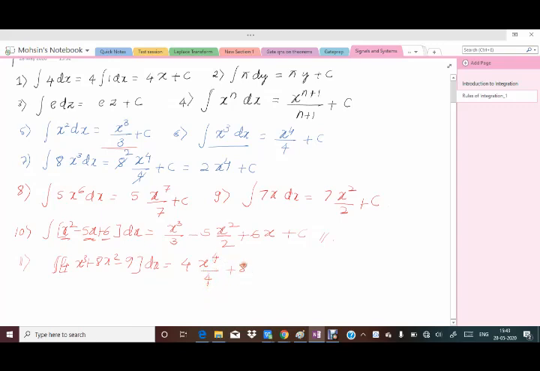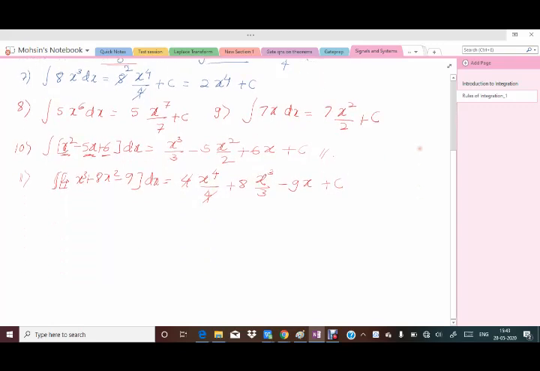Similarly, 8 is a constant, it will come outside, x square is integrated to x cube by 3, and minus 9 is a constant times x. Finally the constant term c will come here. This can be simplified: 4 is going to get cancelled, then 8 by 3 is going to remain the same.